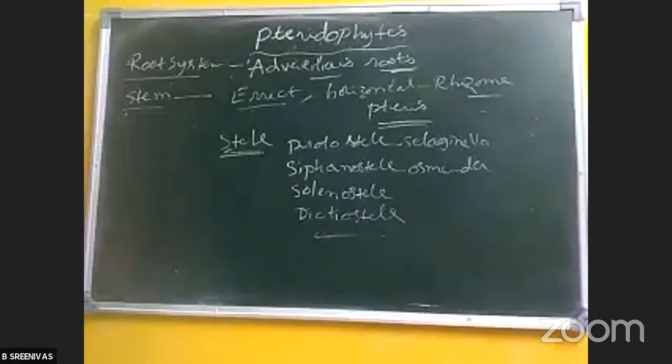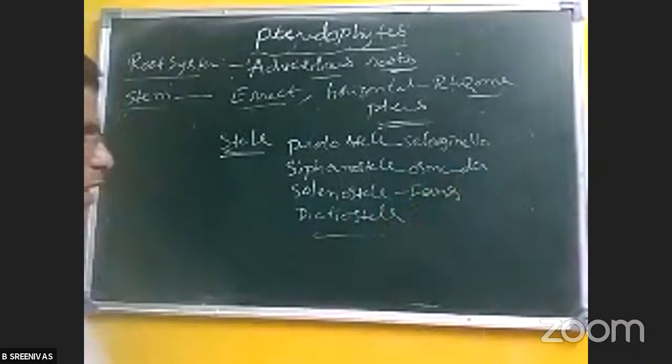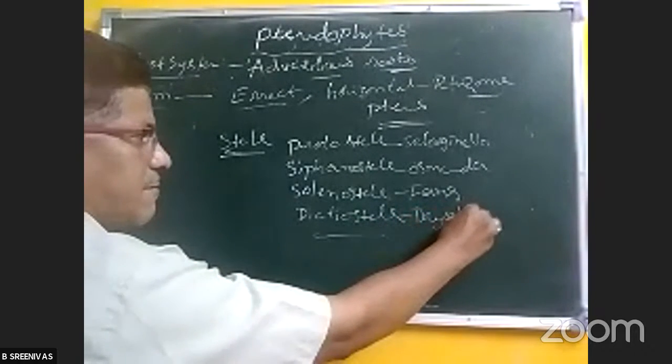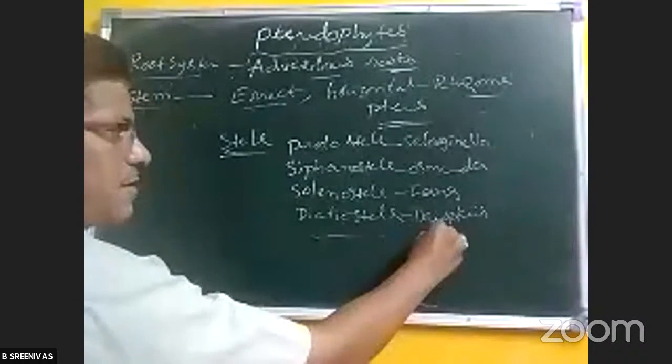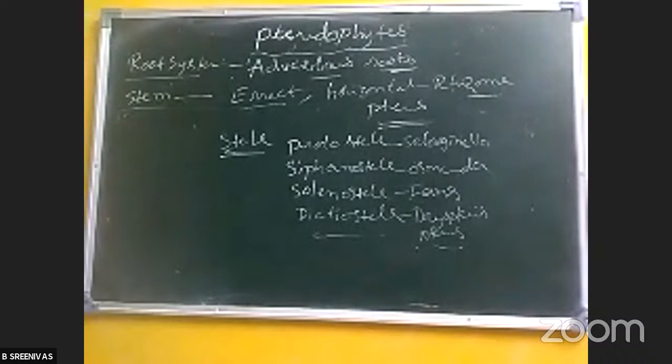And the solenostele: ferns. Solenostele is present in ferns, and in Dryopteris and Pteris, dictyostele is present. The types of steles are very important. Note it.